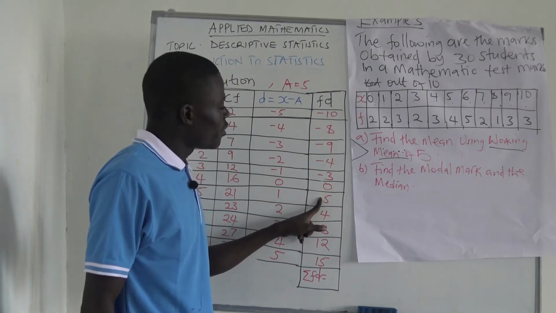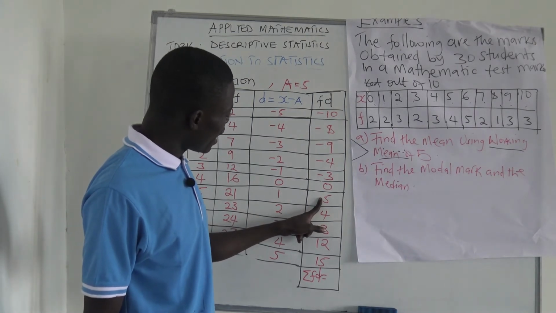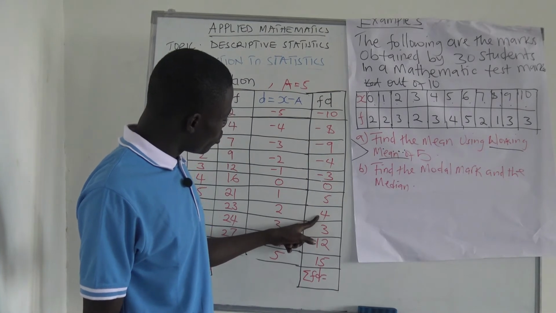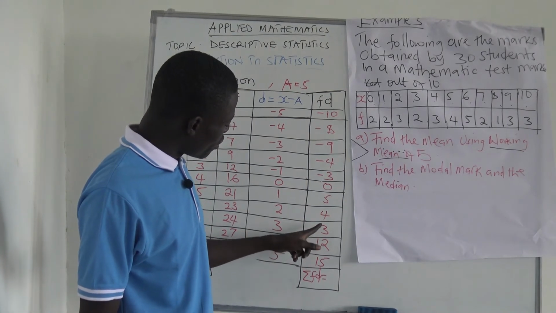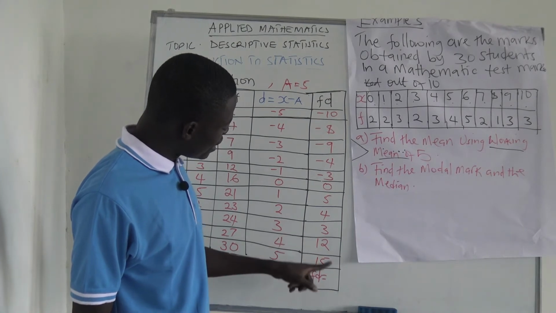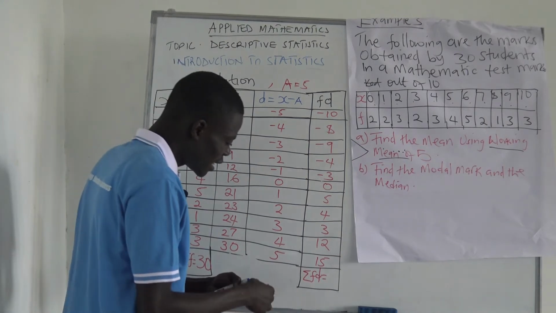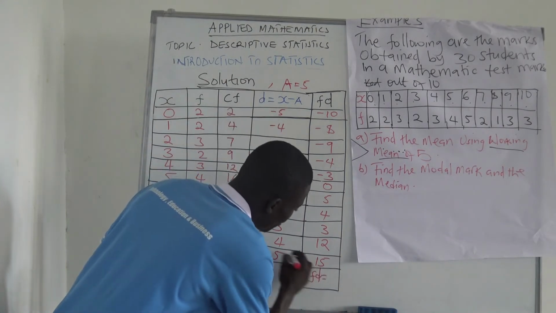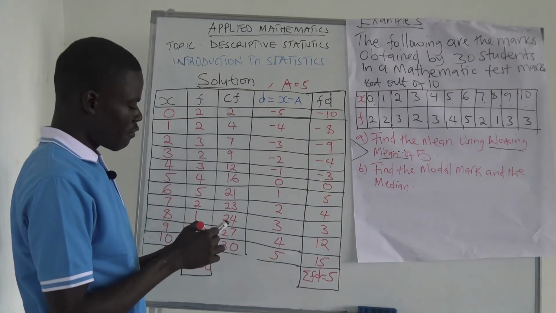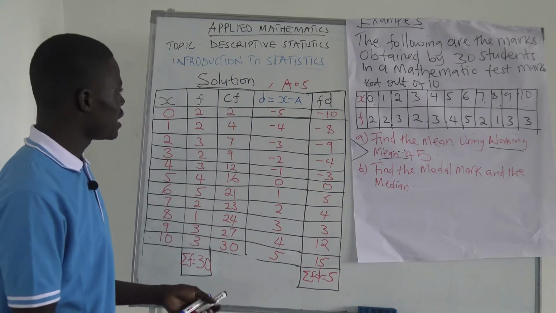Then we get negative 29. Negative 25. Negative 22. We get negative 10. Plus here we get total as 5. Positive 5 if we add here. Now our summation of fd is positive 5. So there you have finished whatever is needed to do.